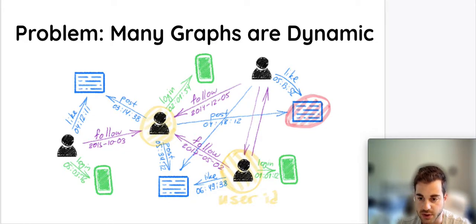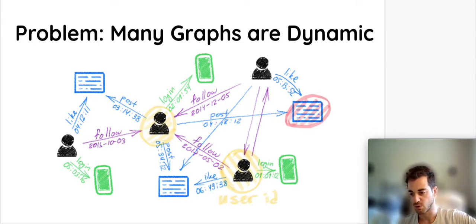Also, most of the work that's been done for dynamic graphs has been focusing on a very specific case, called discrete time dynamic graphs, which are dynamic graphs represented as sequences of snapshots of graphs. So you have, let's say, one graph for January, one graph for February, one graph for March, and so on.